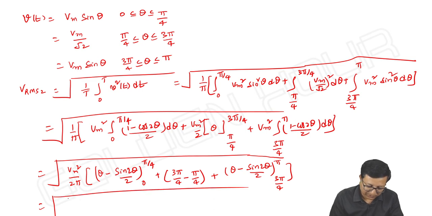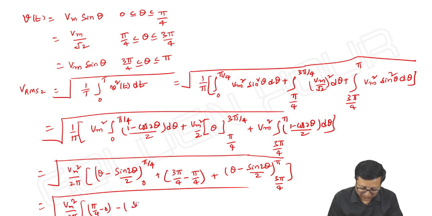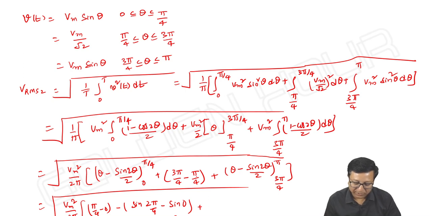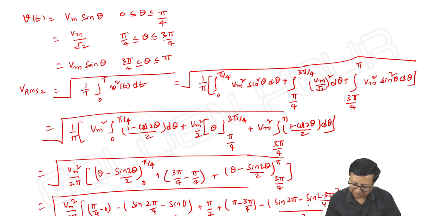Then further, Vm square by 2 pi into first one pi by 4 minus 0, minus sine 2 pi by 4 minus sine 0 by 2, the second portion, plus 3 pi by 4 minus pi by 4, it is 2 pi by 4, that is pi by 2, plus again it is pi minus 3 pi by 4 minus of sine 2 pi minus sine 2 into 3 pi by 4 whole thing by 2. That's it.